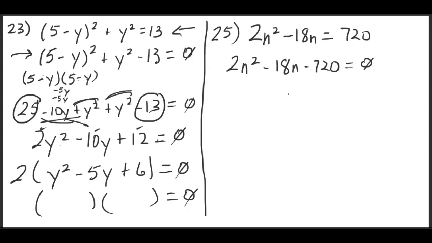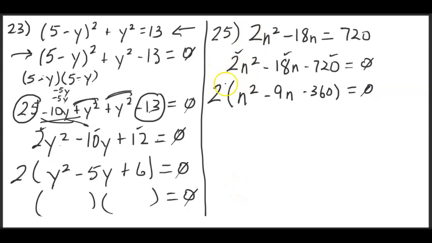I'd prefer it to be a 1. Can I factor out a 2 from every term? Well, every term has an even coefficient, a 2, an 18, a 720. Yeah, I can factor out a 2. What do I get? N squared minus 9n minus 360 equals 0.